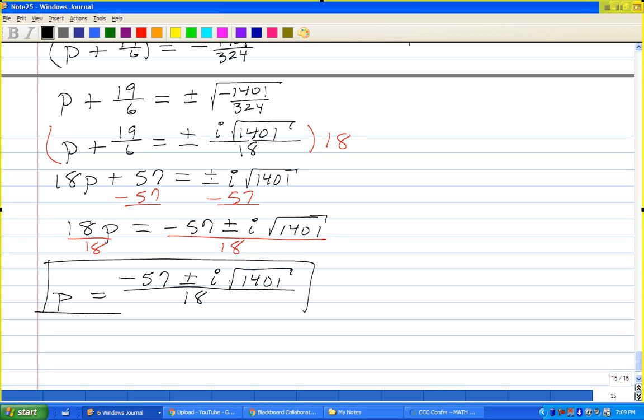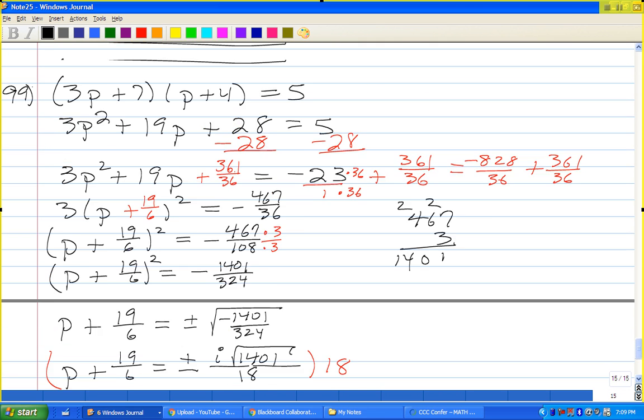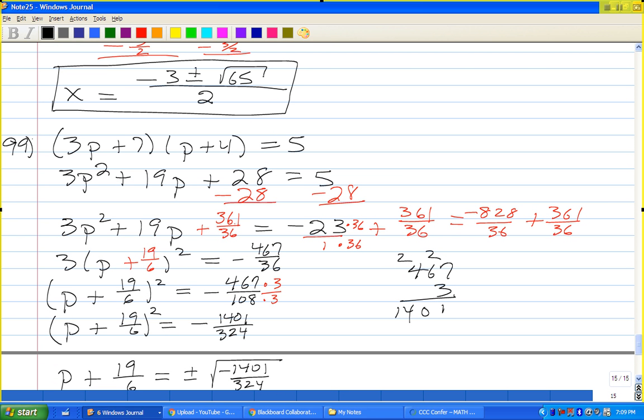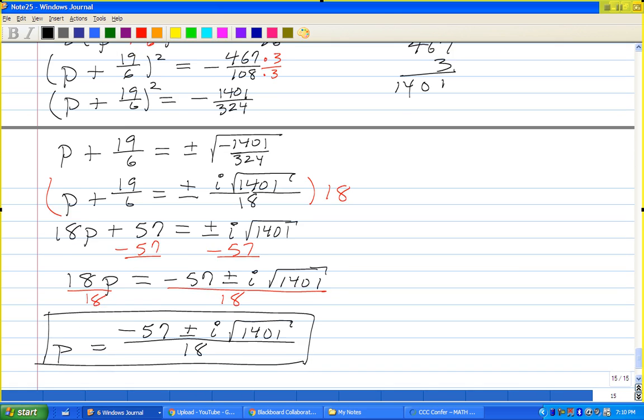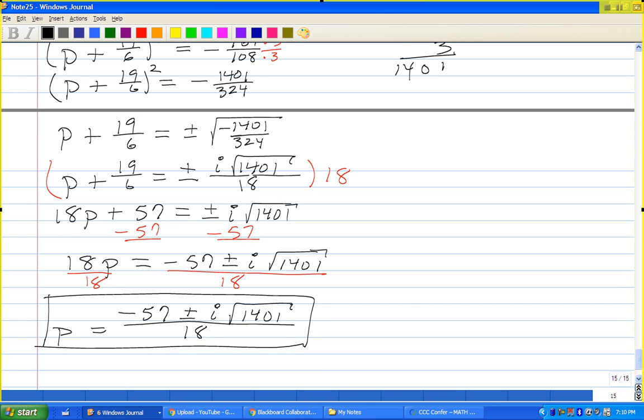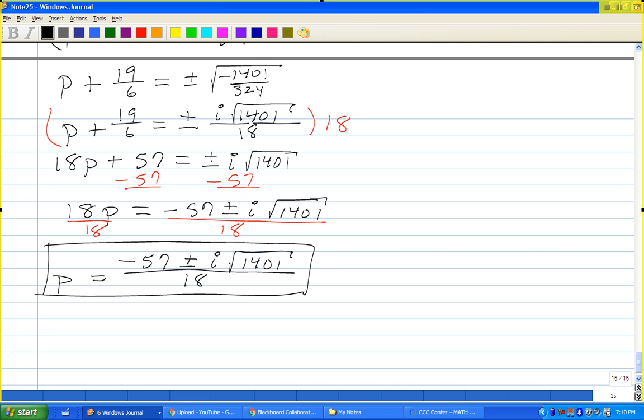Let me just look at this for one second. I'm just quickly checking it, because that's kind of a long problem. Actually, I think I can divide that by 9.